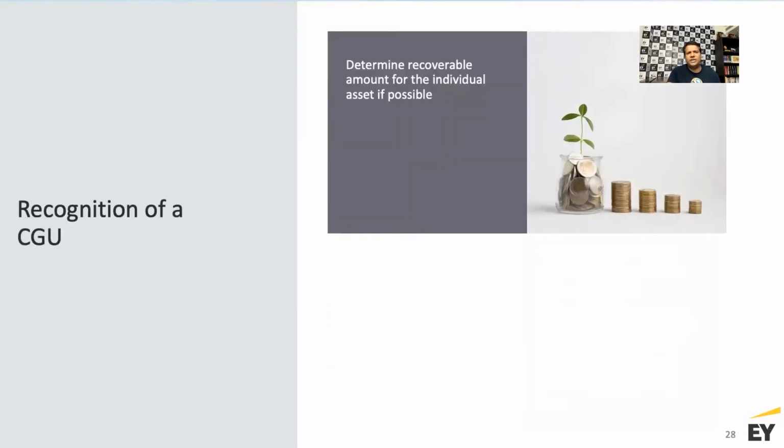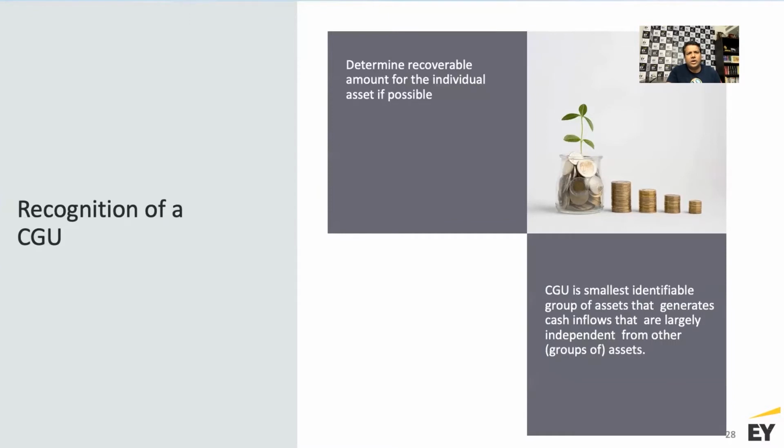So from a recognition of a cash generating unit, you've got to determine the recoverable amount for the individual asset if possible. If that's not possible, then you've got to determine the CGU for the smallest identifiable group of assets that generate cash inflows that are largely independent from other groups of assets. So if they are capable of generating cash flows which are independent of other assets, then you do it at the individual asset level itself.